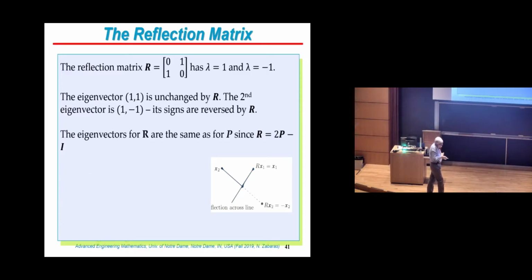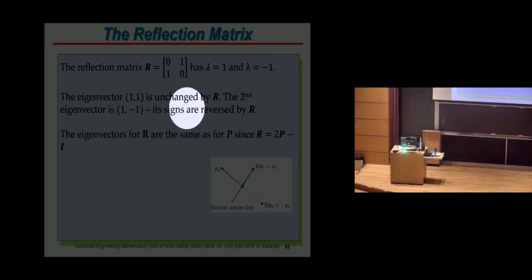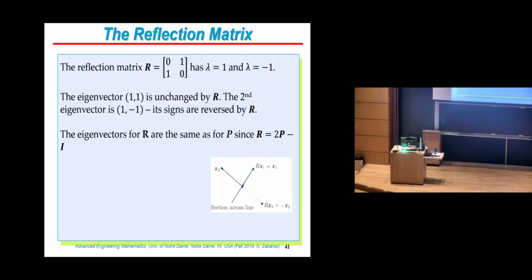And that should not be surprising because, when we define the reflection matrix, you can write any reflection matrix with this nice formula as 2 times the projection matrix P, minus the identity. So what were the eigenvalues for the projection matrix?